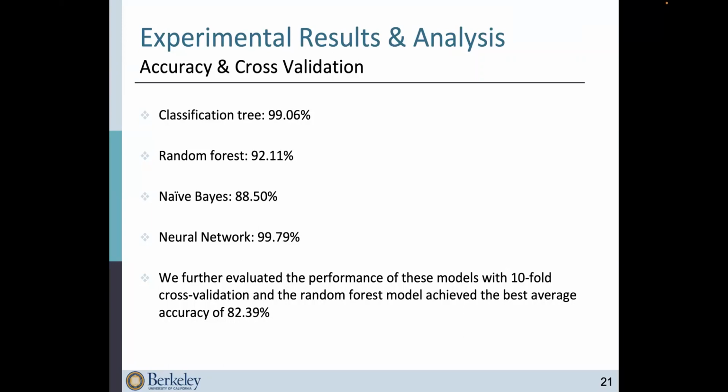We first evaluated the performance of these models with cross-validation. We can use 5 or 10 folds, and we use 10 for cross-validation. For cross-validation, the random forest model achieved the best average accuracy of 82%.